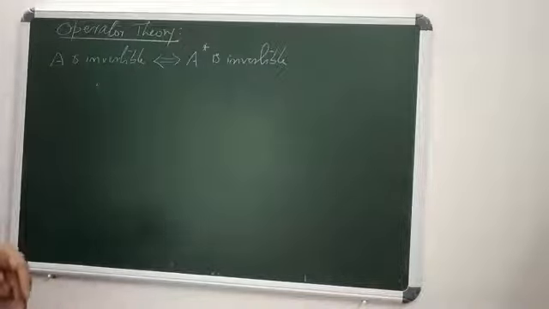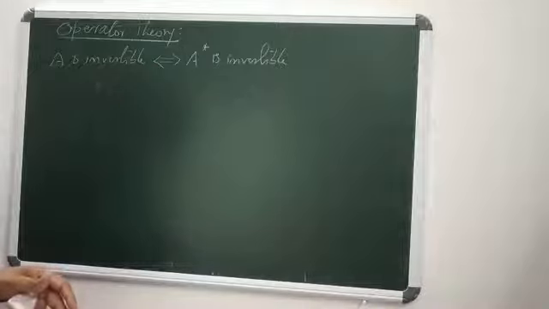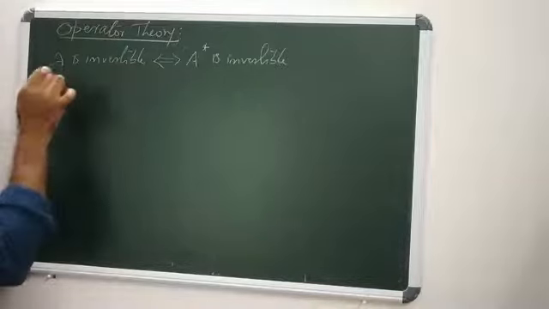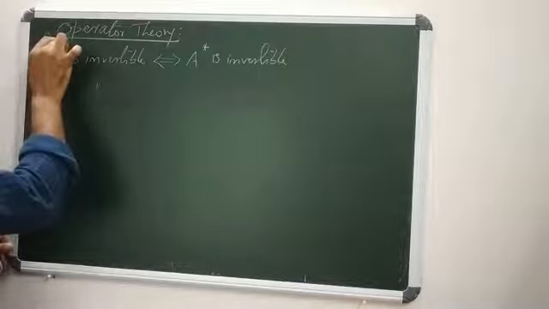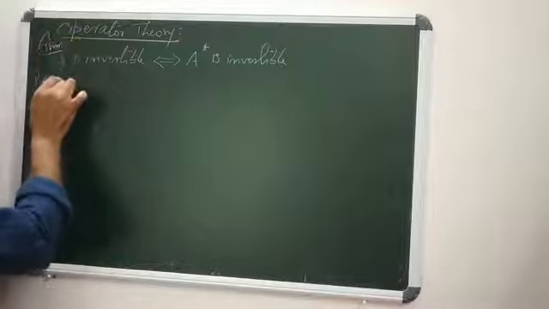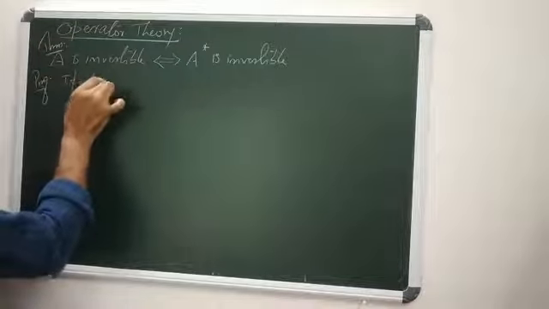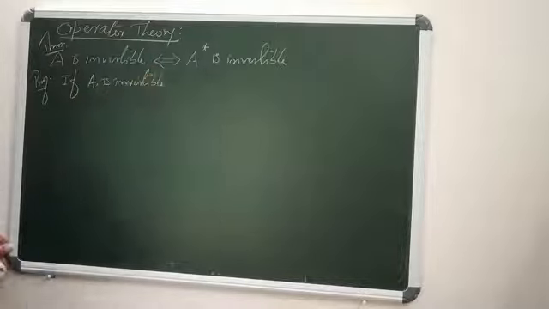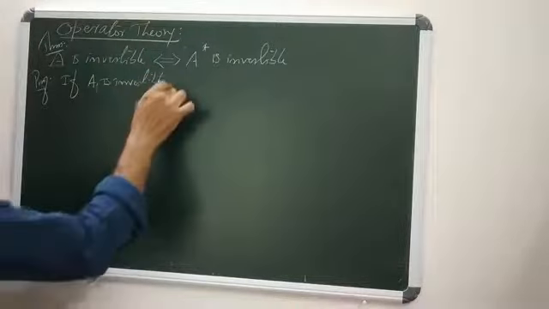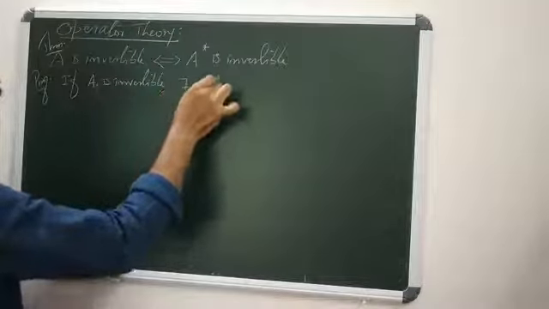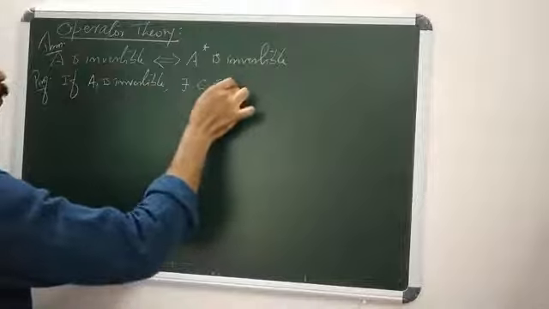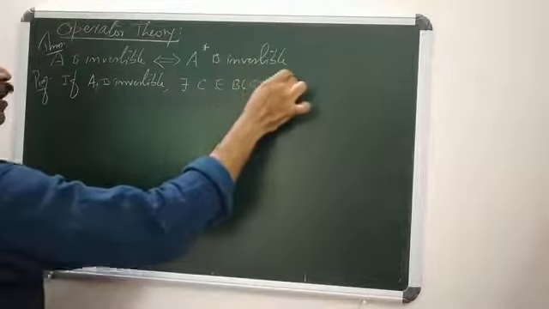And what is the inverse of A star? So listen. If A is invertible, there exists some C in BLH such that, why?